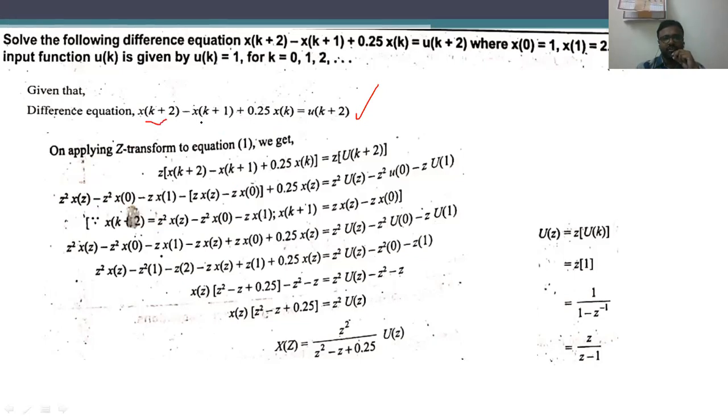Similarly, in the same fashion, the z transform for x of k plus 1 can be taken as z into x of z minus z into x of 0, plus 0.25 into the z transformation of x of k, which is nothing but x of z, is equal to the z transform of the function u of k plus 2, which is nothing but z square into u of z minus z square into u of 0 minus z into.